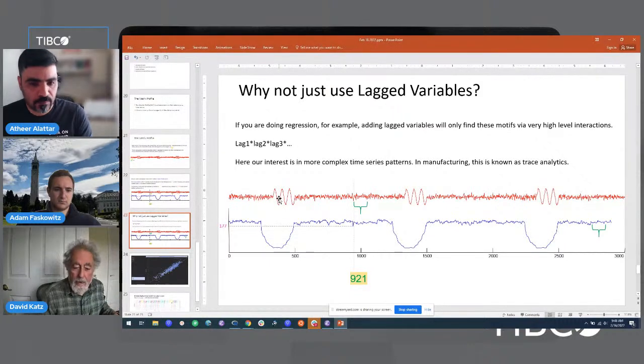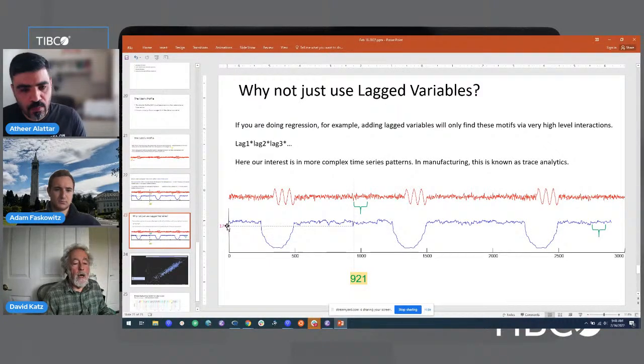For each one of these, the lowest correlation is pretty high, but the lowest correlation for these is very low. This one is not correlated with hardly any other subsequence. There's a couple, but mostly it's rare.